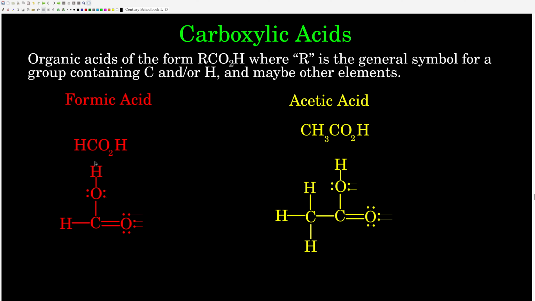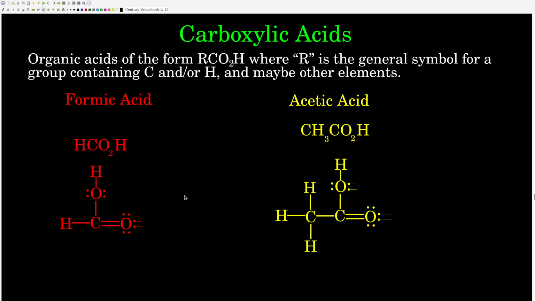Now, here in formic acid, there's our CO2H group, this right here. It's a carboxylic group. And R in this case is just hydrogen, still a carboxylic acid. In acetic acid, same idea here, guys, right? CO2H, there's the carboxylic group. The R here is CH3, and these are pretty simple carboxylic acids. These can get pretty long, the tails here.